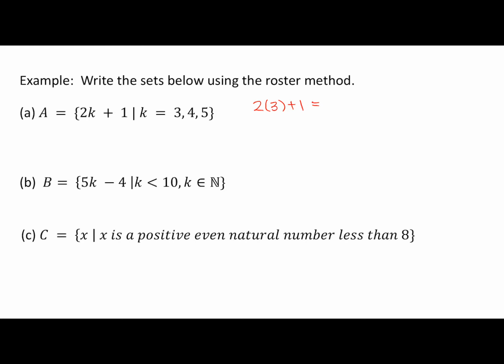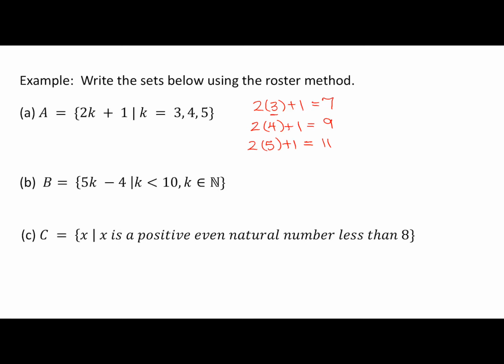So that's when k is 3. That's going to give me 6 plus 1, which is 7. What about 2 times 4 plus 1? That's going to give me 8 plus 1, which is 9. And finally, 2 times 5 plus 1 is going to give me 10 plus 1, which is 11.